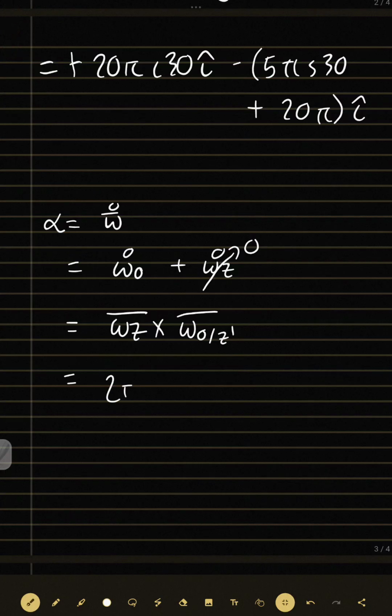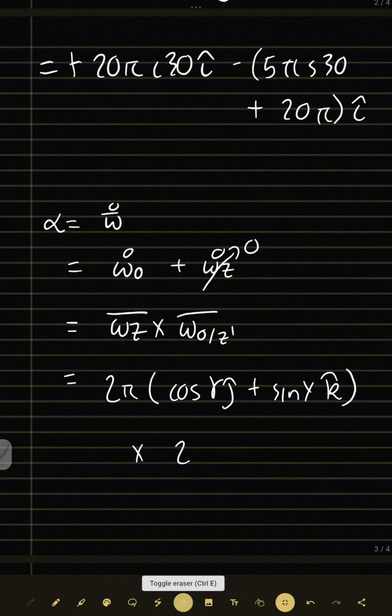pi square, right? Cos gamma pi square. Omega naught is 4 pi. Right, omega naught is 4 pi.